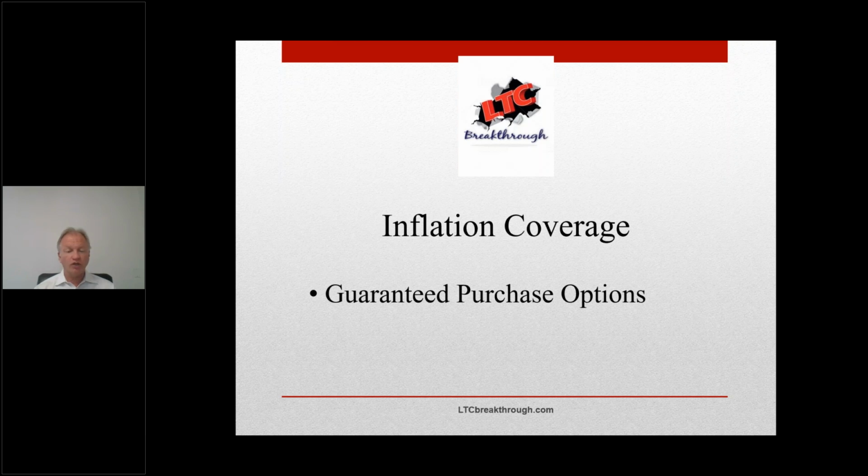So regardless of what your health is at that point in time, you can purchase additional coverage at predetermined times and predetermined amounts. So as an example, one insurance company may offer every 3 years that you can purchase 15% more coverage without any health underwriting requirements. So you are guaranteed to receive that if you decide to purchase that.